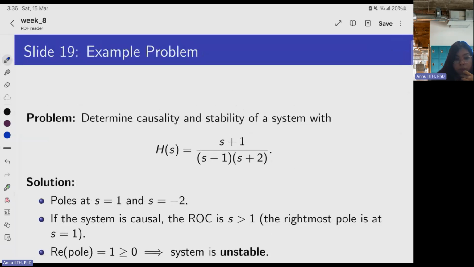Now suppose you have causality and stability of the system. H(s) is equal to (s plus 1) divided by (s minus 2)(s plus 2).